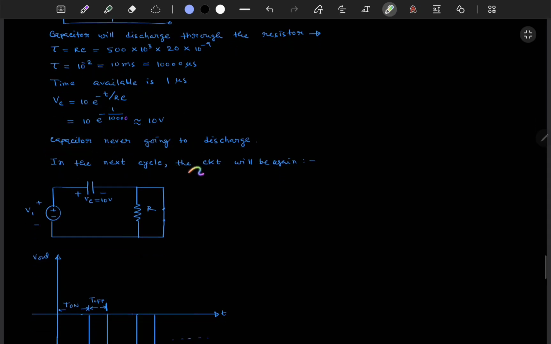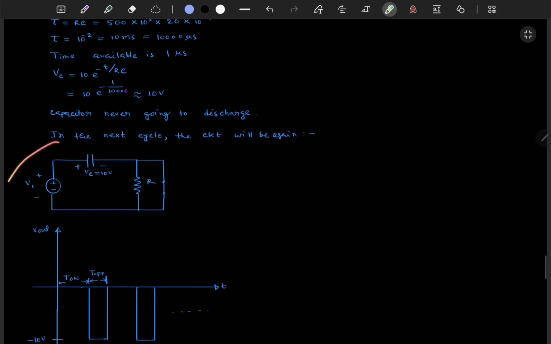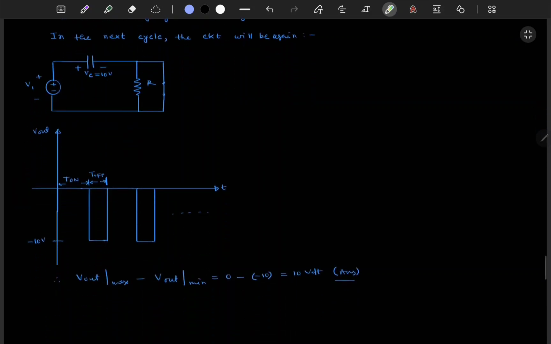So in the next cycle the circuit will be this one again: the diode will be shorted, the capacitor will be there, and the positive cycle of the input will be present.